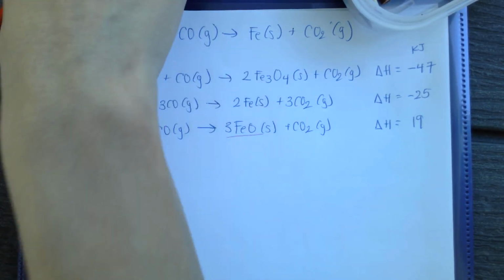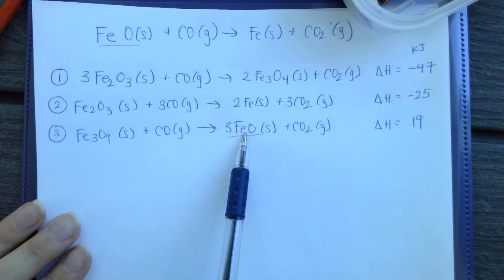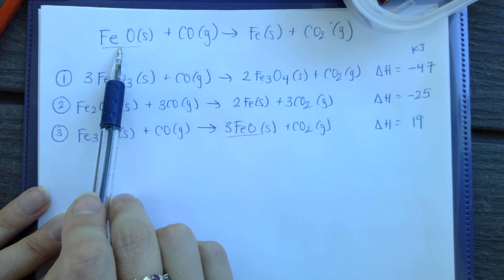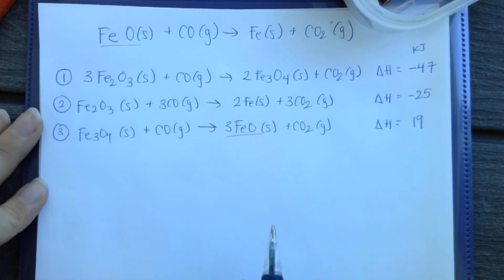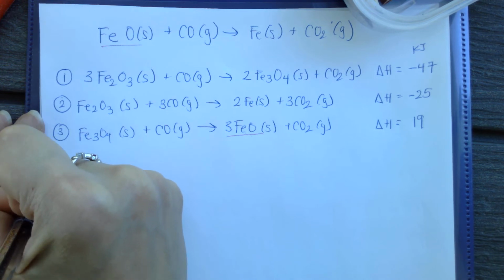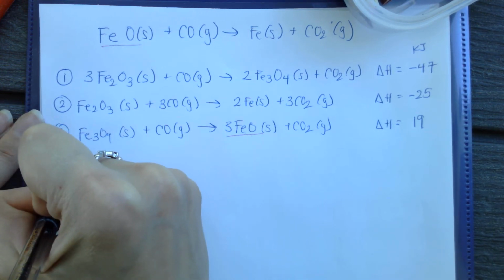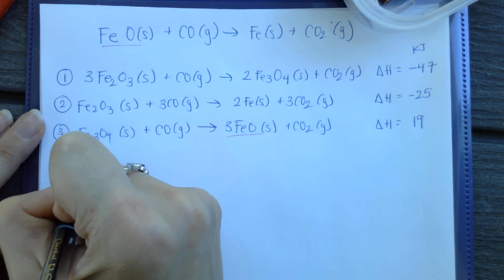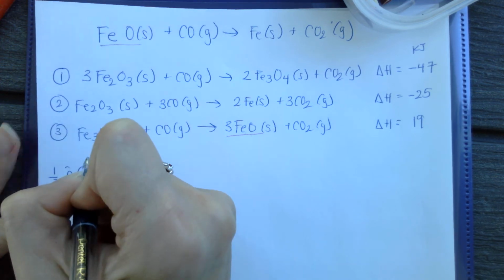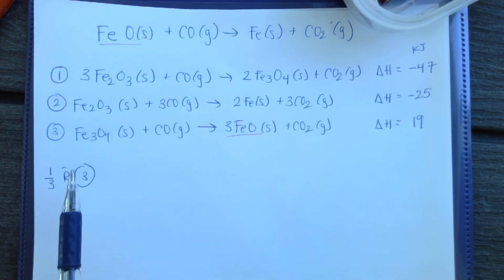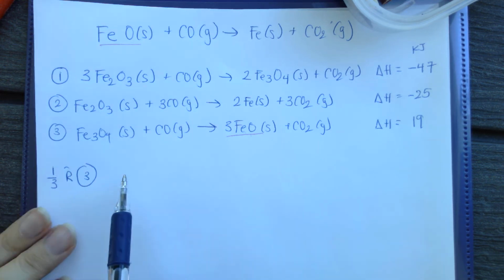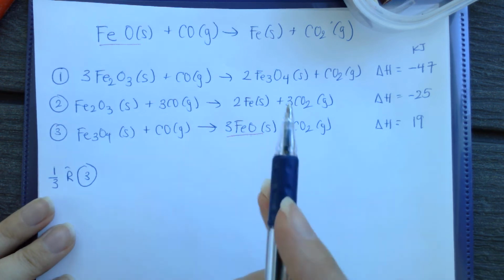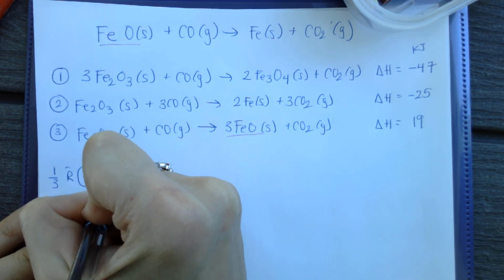Okay, so let's do that. In order to get this from a product to a reactant with the proper coefficient, I'm going to have to multiply that reaction by 1/3 and reverse reaction number 3. When I do that, it's going to turn this into FeO.